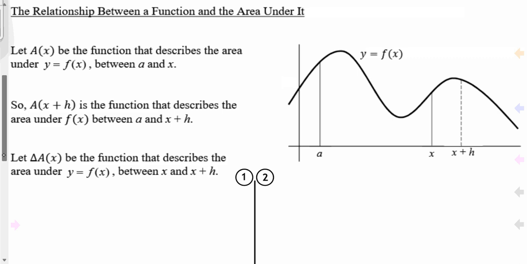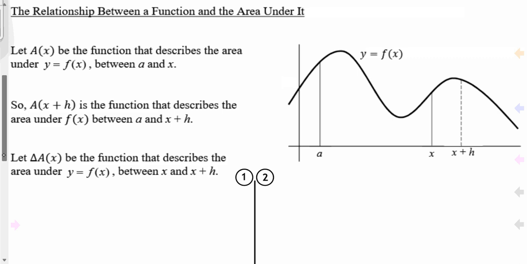All right. Well, let's just suppose I want to find the area between a and x under this curve. Now, what that area is kind of depends on how far to the right this x is. So the bigger my x is, the bigger my area will be. So in some way, this area depends on x.